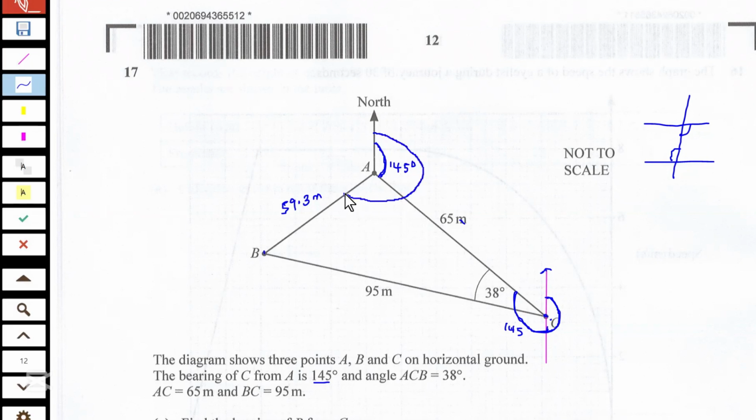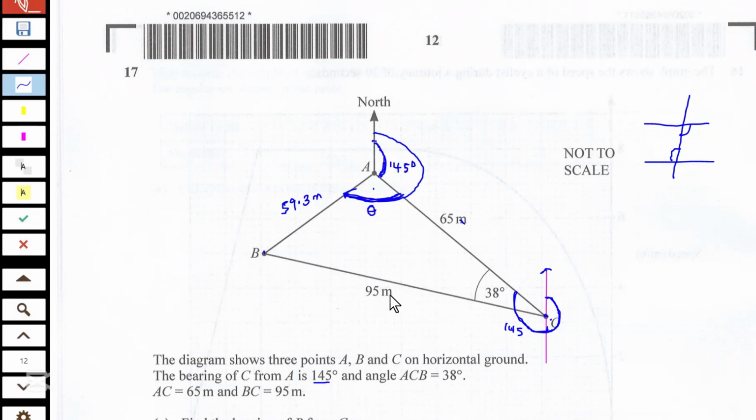Now, 145 is known, so we can actually find the missing angle here, this angle theta for instance, and add its value to 145 to give the bearing of B from A.